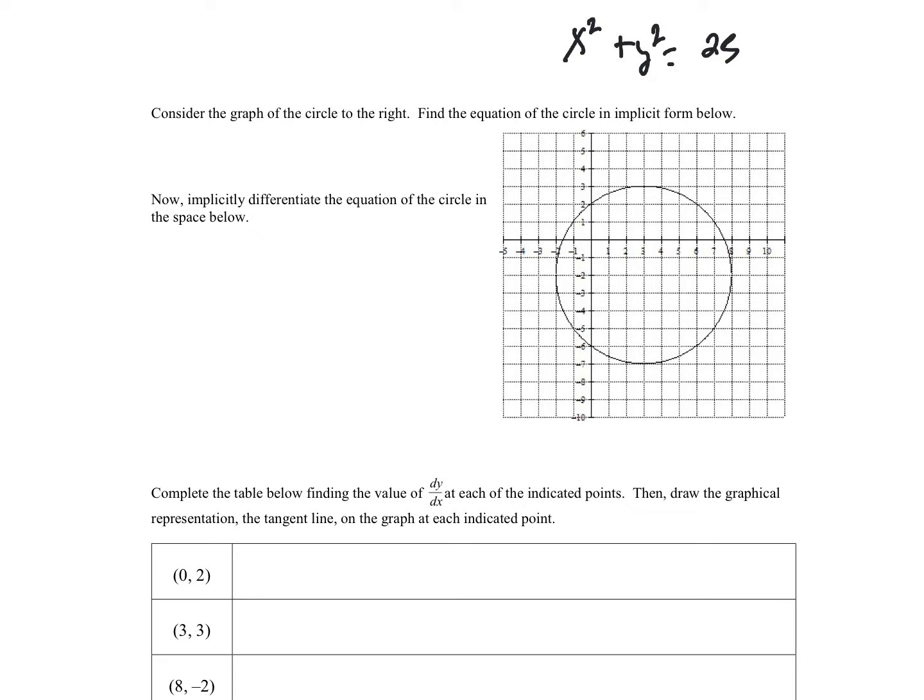That meant it was centered at 0, 0 because there's nothing being added to the x squared, and there's nothing being added to the y squared, equals 5 squared. 5's the radius. That means I do not go left or right, and I do not go up or down.